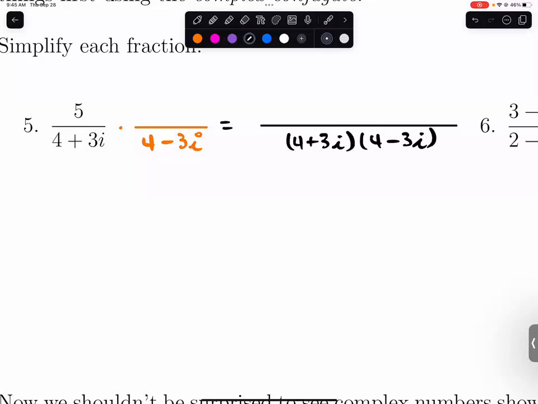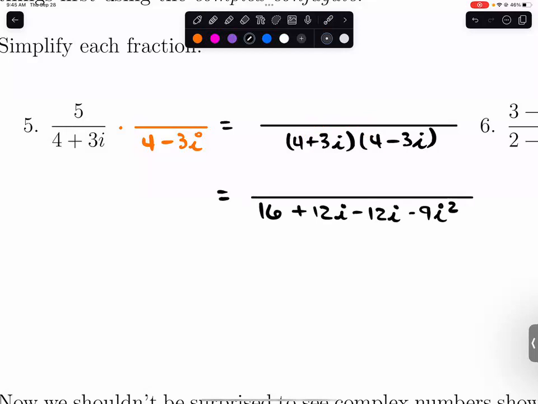Okay, if I do 4 plus 3i times 4 minus 3i, what do we get? Actually, multiply it out. 4 times 4 is 16. Squared on the last one, right? Yeah, minus 9i squared. Okay.